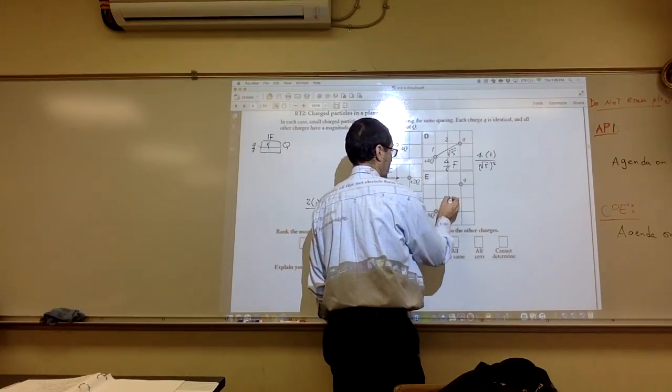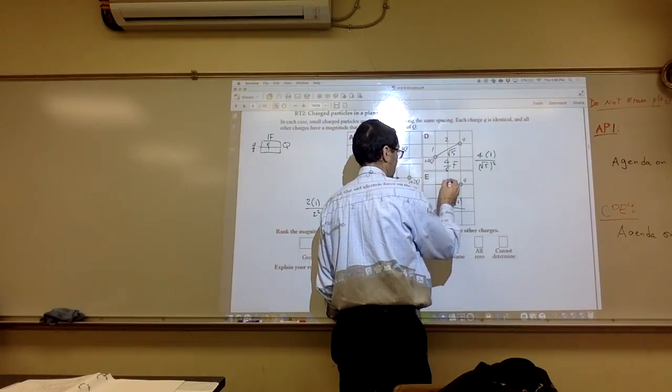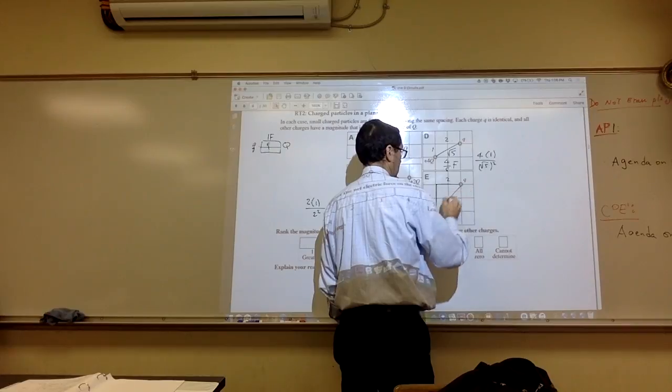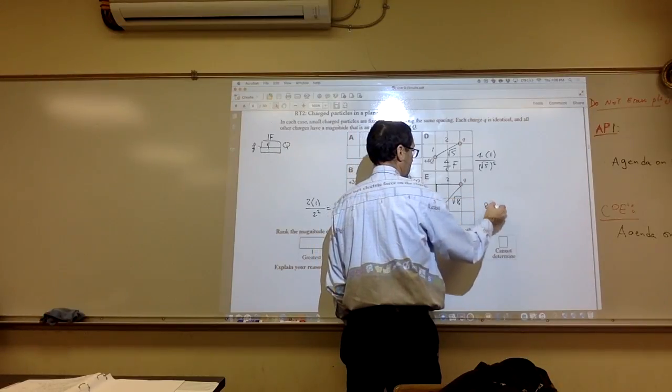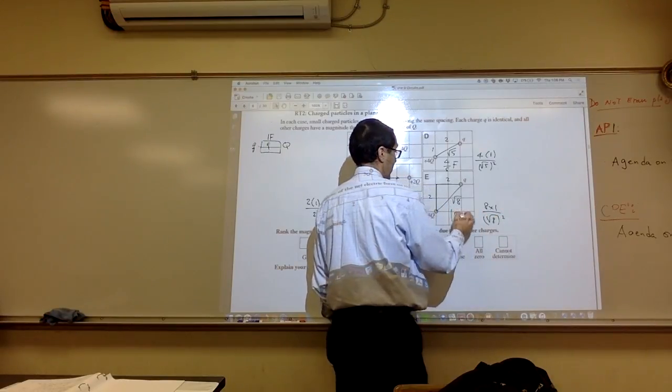In here, it's going to be 8 times 1 divided by, now let's see how much that is. This is 2, this is 2, which means this distance here is radical 8, so it's going to be 8 times 1 divided by radical 8 squared. So the force here will be 1F.